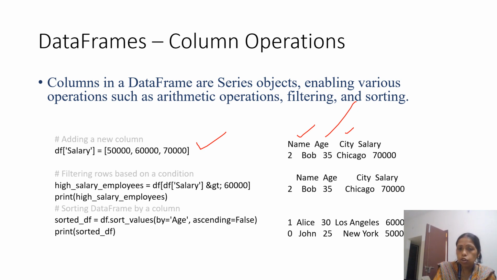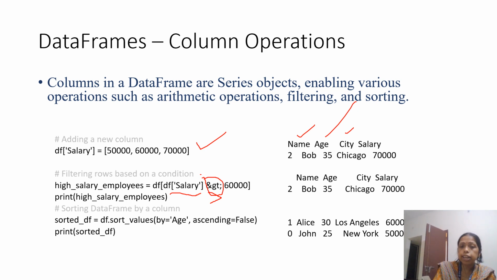That means I am putting a condition on the salary column. Instead of writing ampersand gt, you can also write only the greater than sign and 6000.